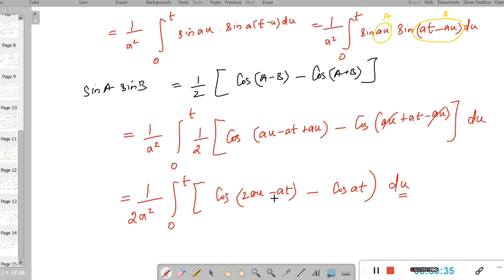In the first function you have u, but in the second function you don't have u. So you can take cos at as a constant with respect to u. Now try to integrate.